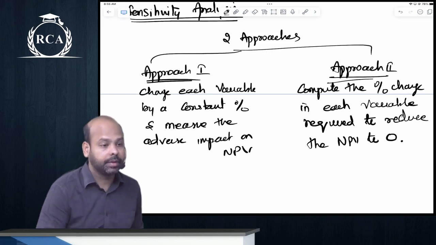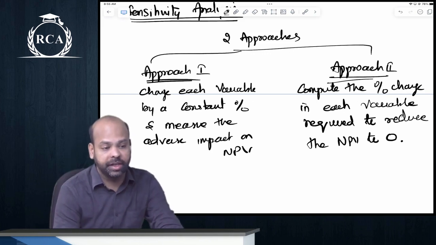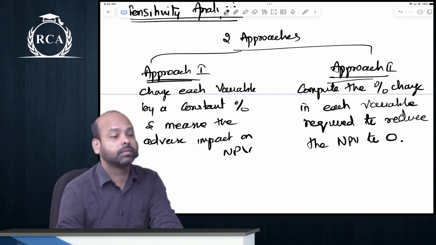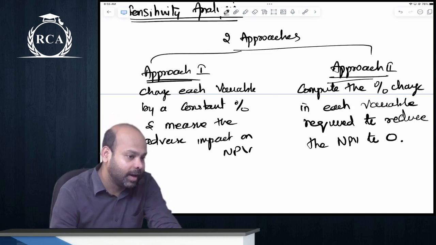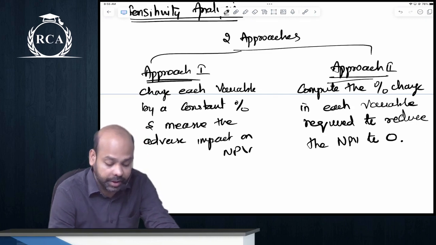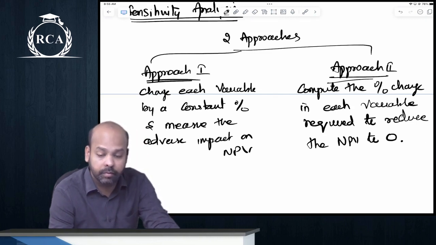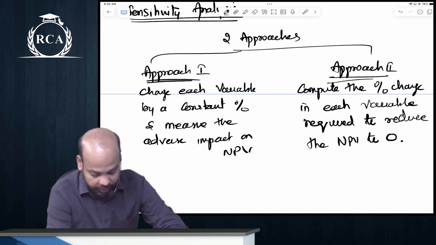Disadvantage: it considers change in only one variable.